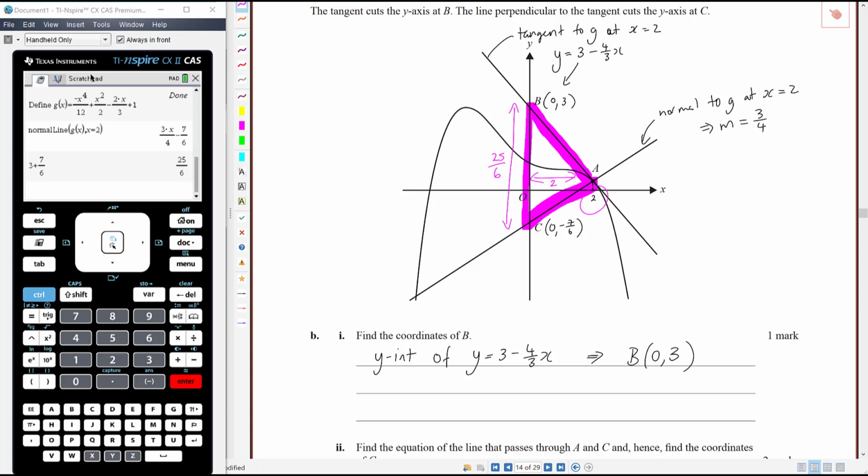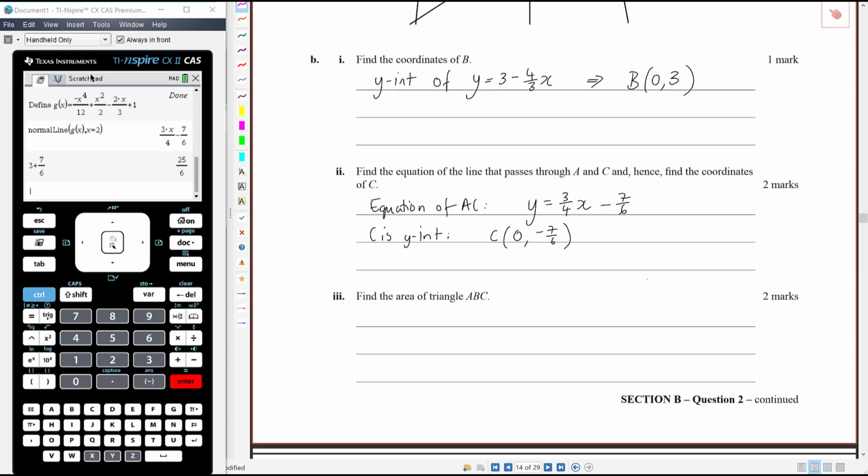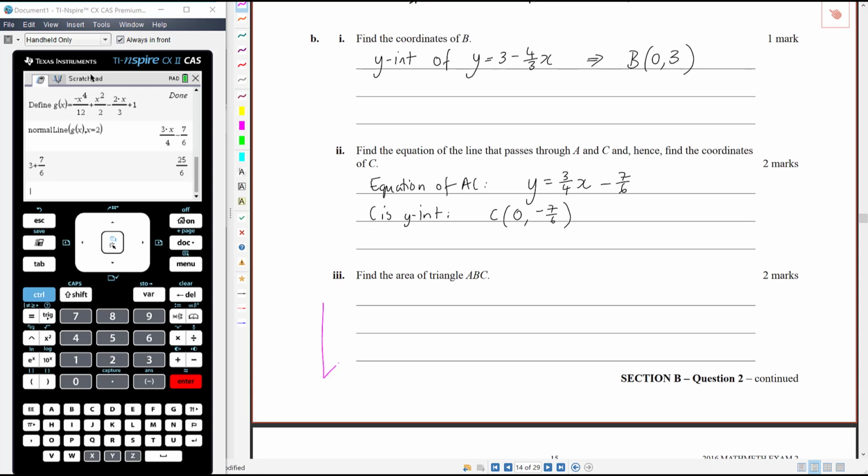It's the x coordinate of the point A. So we have a triangle where the base is 25 on 6, and the height is 2. Therefore the area of triangle ABC is going to be half times the base length, which is 25 on 6, times the height, which is 2. Half times 2 is just 1, and so the area is just 25 on 6 square units.